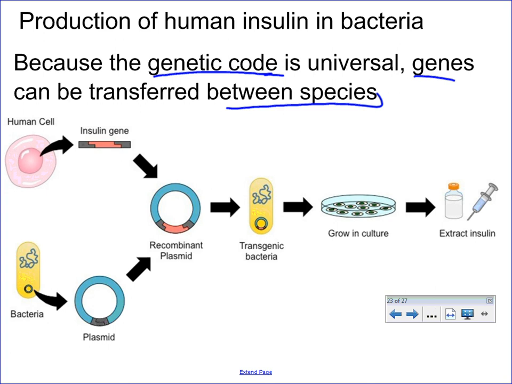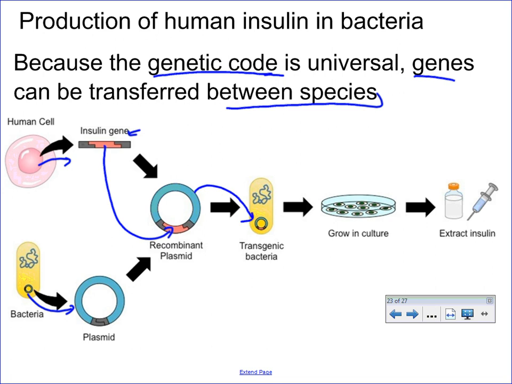So what scientists have done is they've taken a human cell, isolated that insulin gene, so they've obtained that mRNA that codes for insulin, converted that to DNA. They've taken plasmids out of bacteria, and they can take that insulin gene and insert it into the plasmid, creating what is called a recombinant plasmid.